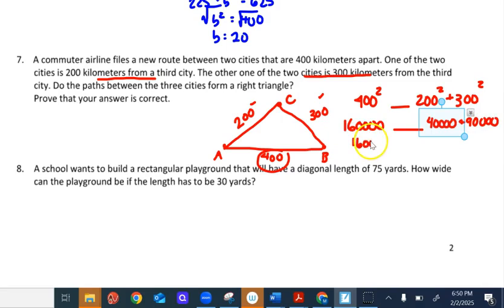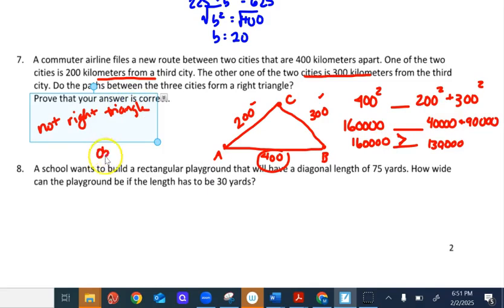Okay, how does 160,000 compare to 130,000? It's greater than, so no, it is not a right triangle, because they aren't equal. In fact, it is obtuse because it's greater than.